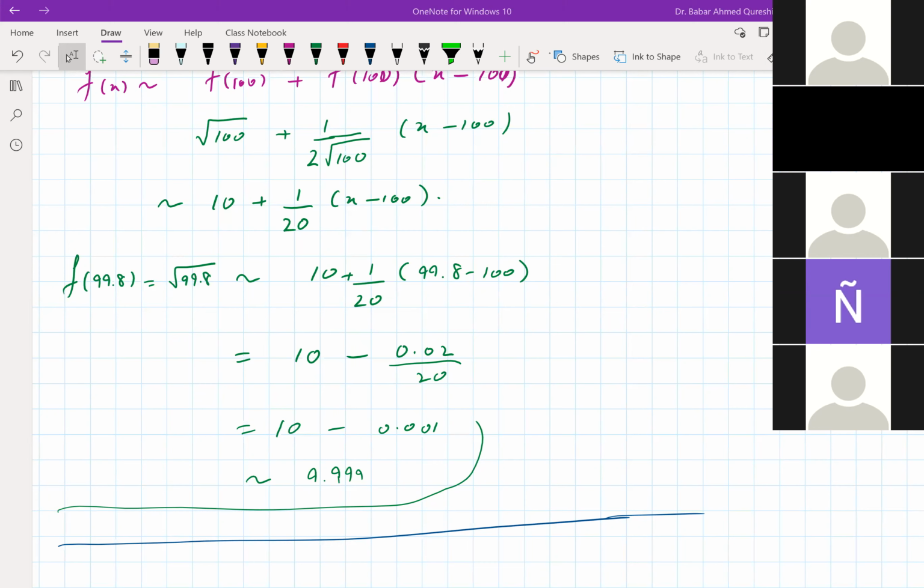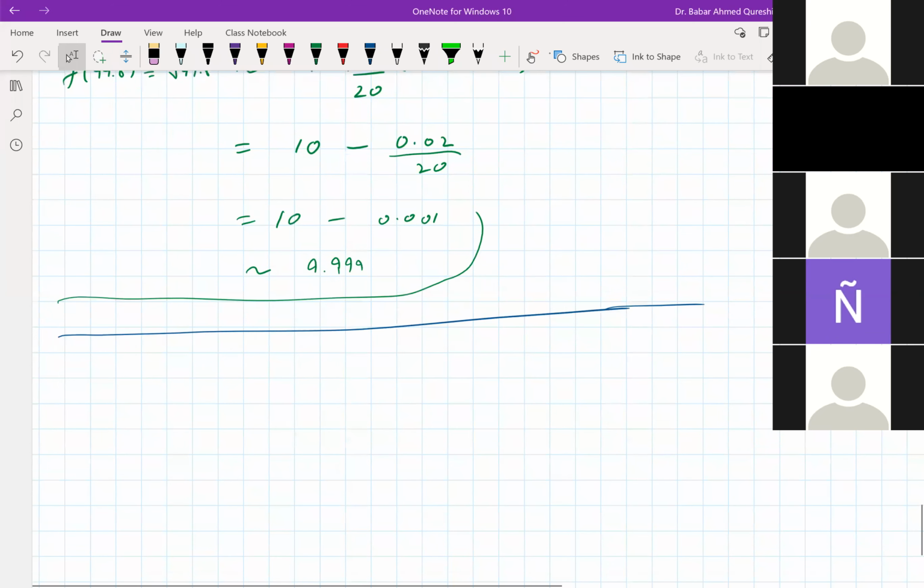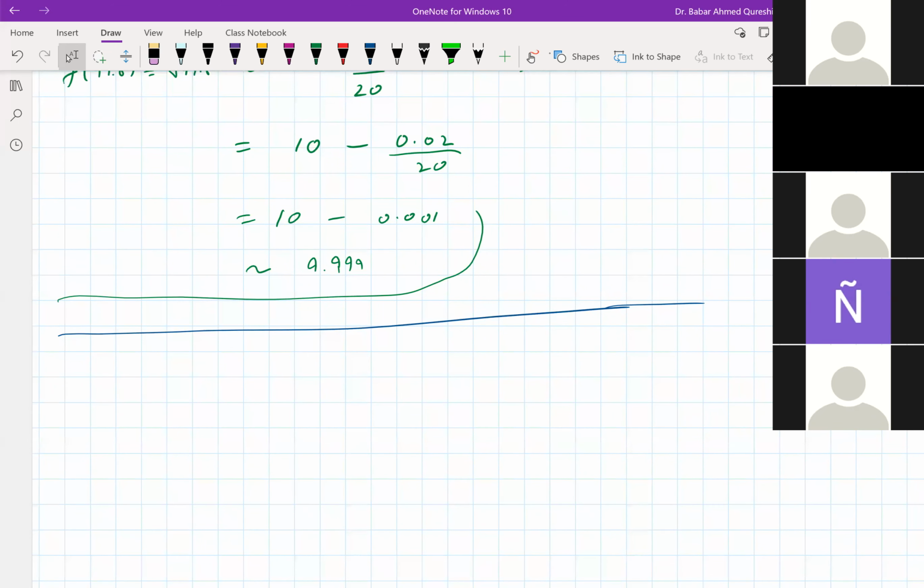So someone wants me to find e to the 3 log 1.1 to the power 2 using quadratic approximation. So someone wants me to do this: e to the 3 log of 1.1 to the power 2.